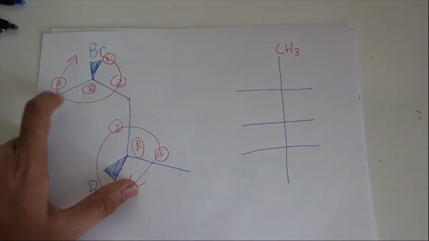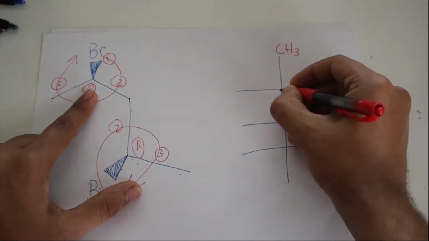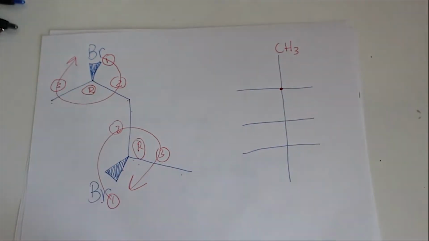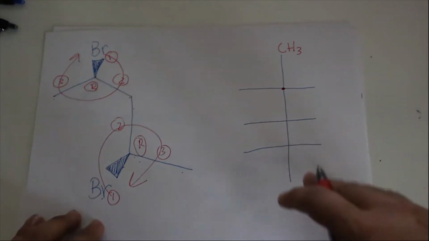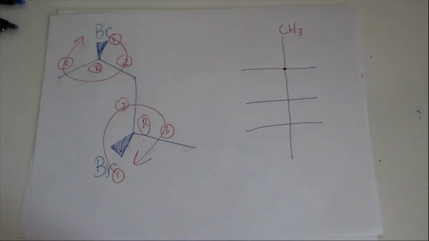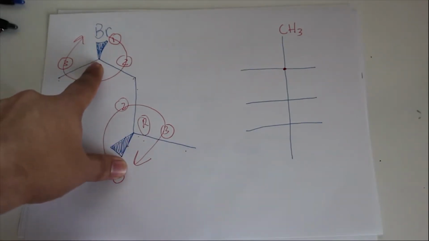This CH3 is bonded to this carbon. This CH3 is bonded to this carbon. I'm just trying to help you guys see how this is happening. All right. Having seen that, we see that that carbon is bonded to a bromine as well as a hydrogen.